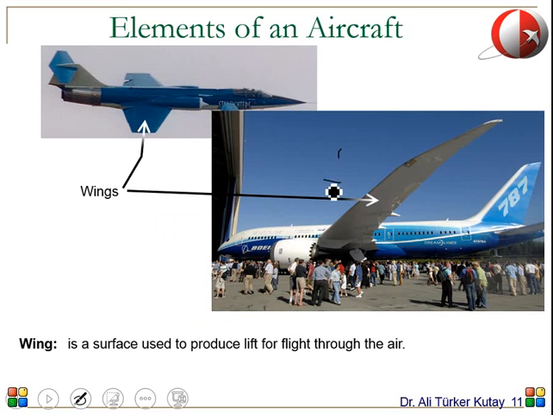So this aircraft has a weight, and then the lift is created by these wings. This wing will be creating a lift force, and the other wing will be creating a similar force, and when those two forces come together, they carry the weight of the airplane.